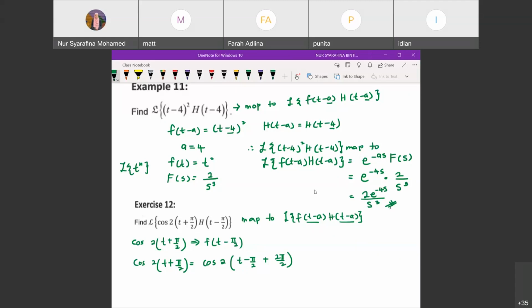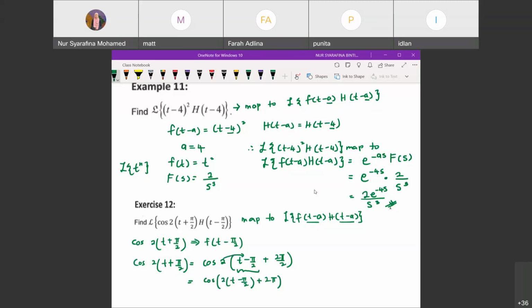So this t plus pi over 2 can also be written as t minus pi over 2 plus 2 pi over 2, because we want to create this t minus pi over 2, so that we have a similar term with h(t minus pi over 2). And from here, what you can do is expand this. So this one becomes cos of (2(t minus pi over 2) plus 2 pi), right?